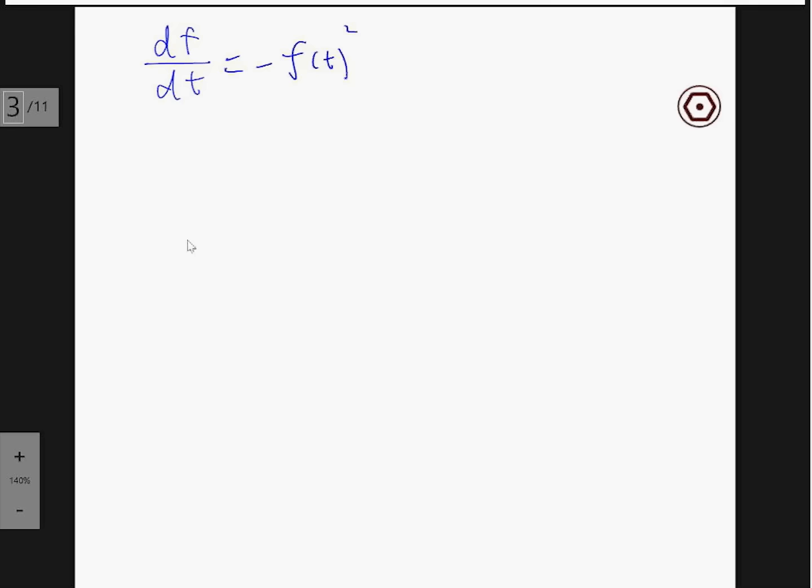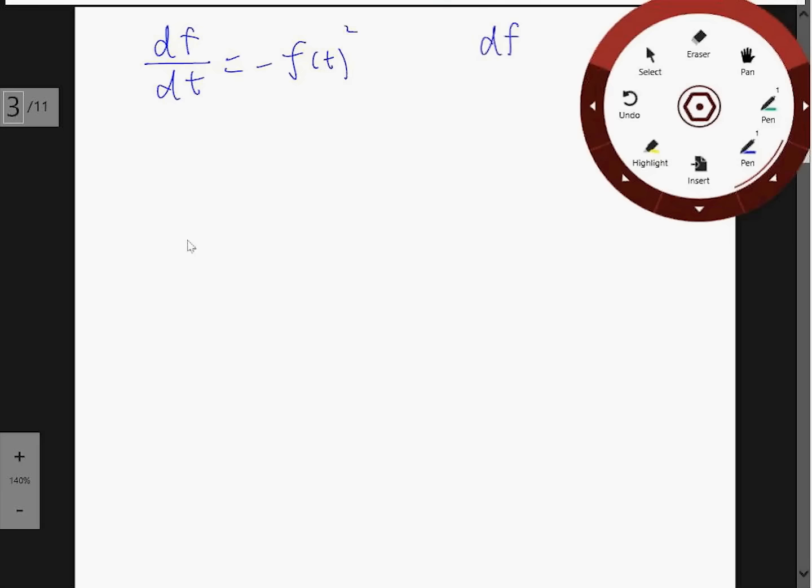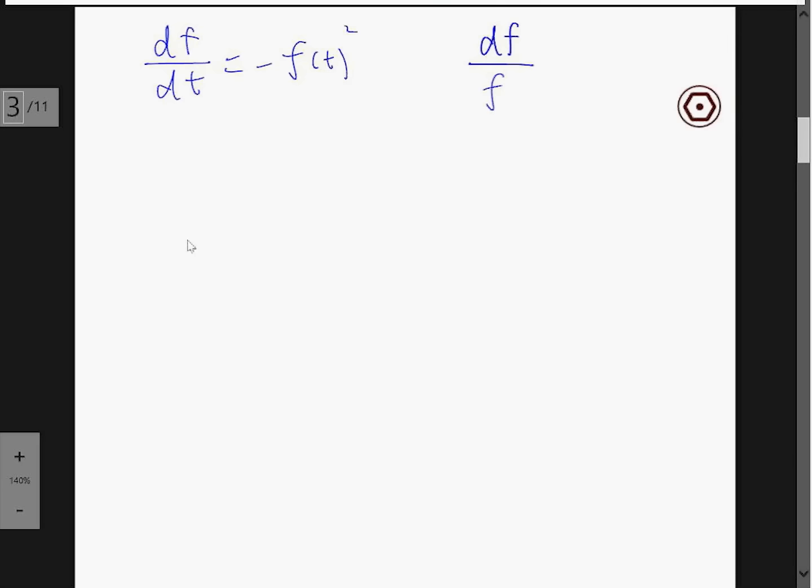Anybody know how to solve this ODE analytically? Anybody who reviewed ODEs before this class when doing the readings? Separation of variables? Good. We divide by f squared on each side, so we have df over f squared equal to minus dt.